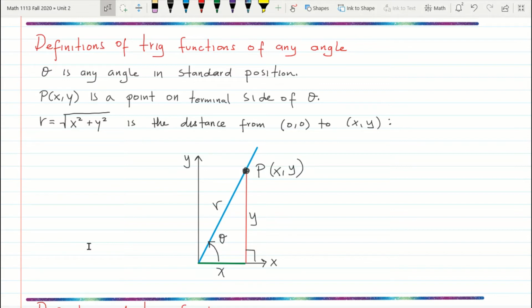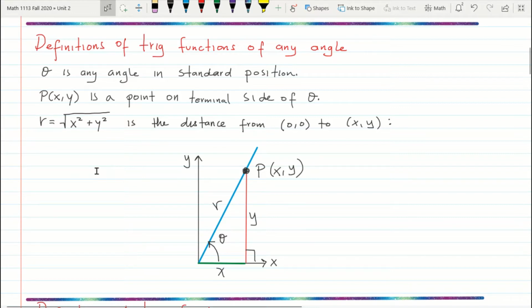Then this may be a little bit newer, but we have r, or the radius, the length of the hypotenuse, if you will. This definition is very particular to this example. It is the distance from 0, 0 to the point x, y, which is that point right here.